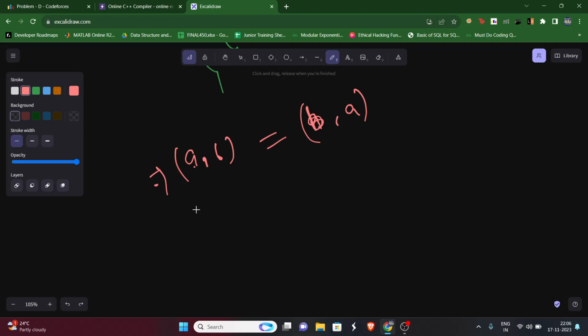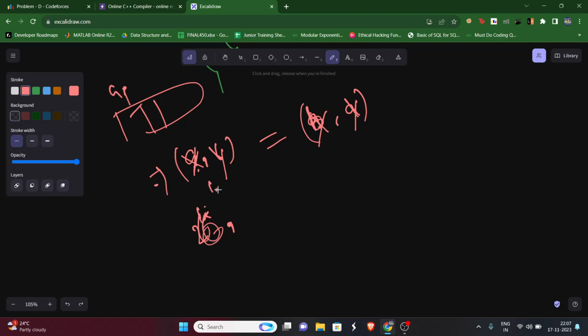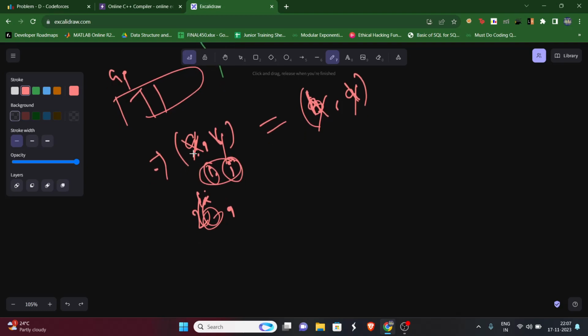It is better to take x and y here, which will be more convenient. If we consider the ith index and jth index, we can write x as 2 to the power a of i, and y as 2 to the power a of j.